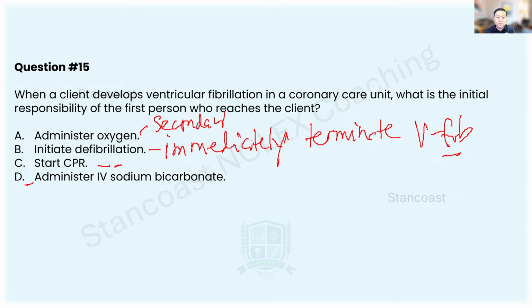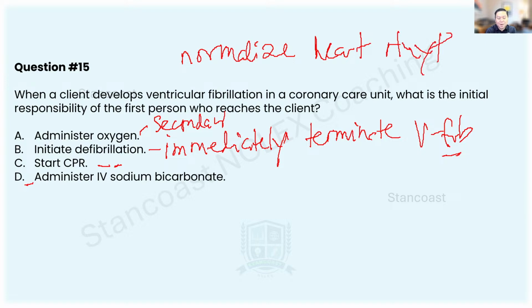We need to normalize the cardiac function, normalize the heart rhythm. That is our ultimate goal here, because if the patient will continue without the pumping, well, what do you think? They're going to go into a cardiac arrest, guys. So make sure you're going to do the defibrillation right away.